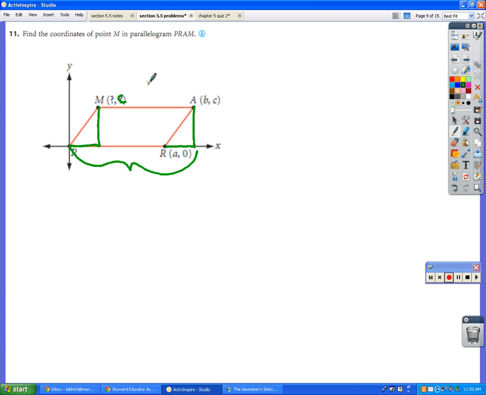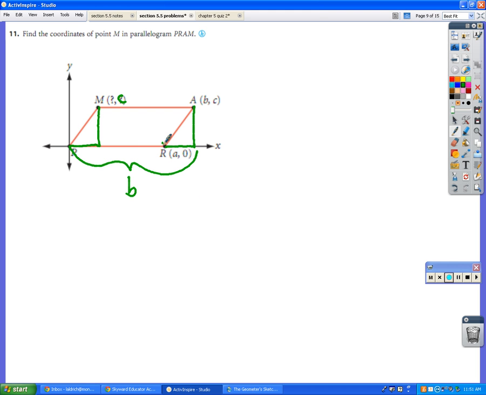Look on the diagram. It's up there already. First of all, is this an x direction or a y direction? It's an x direction. So which one of these points, A, R, P, or M, tells me how far this distance would be? B. Okay, because this point right here, its x coordinate is this far away from the y-axis. So this whole distance would be B.